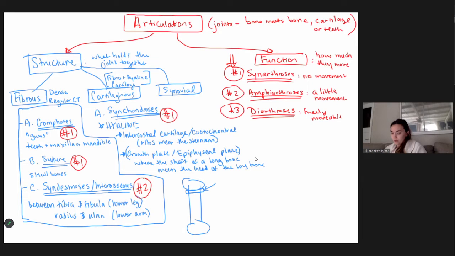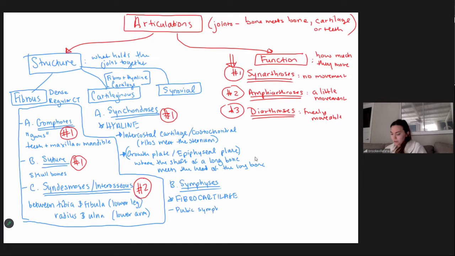Okay. So then we have our second type of cartilaginous. Remember, there are just 2 types, and this is called a symphysis joint. It's made of fibrocartilage. And this is located at the pubic symphysis.